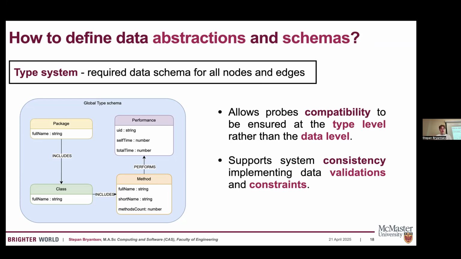Another benefit of this data schema is that it helps us support system consistency, implementing data validations and constraints. Having this schema, we can expect certain data types to be provided, and we can implement those validations and constraints to prevent unexpected data.